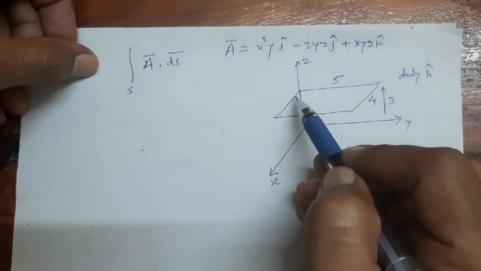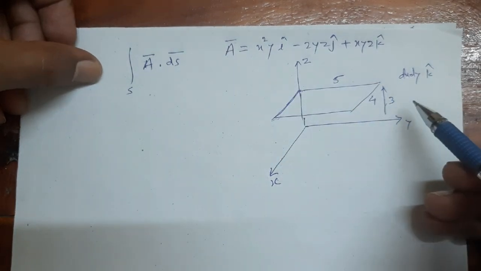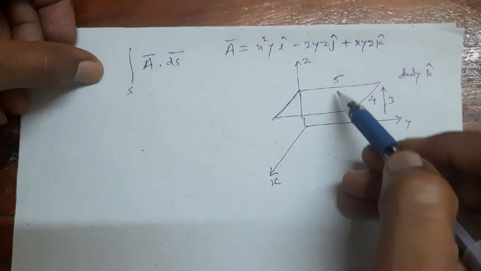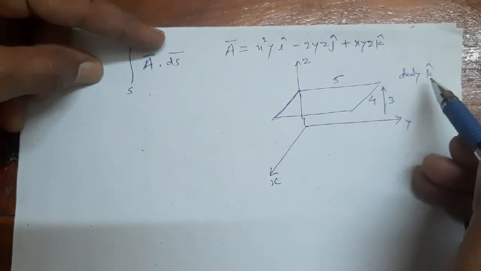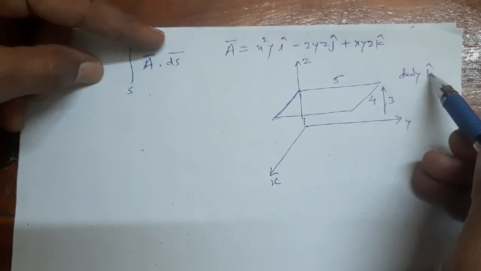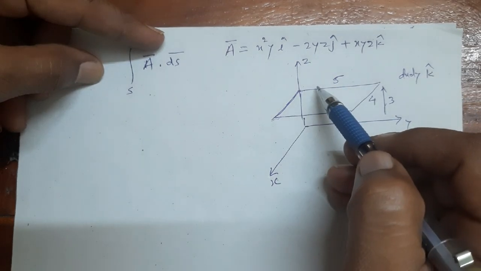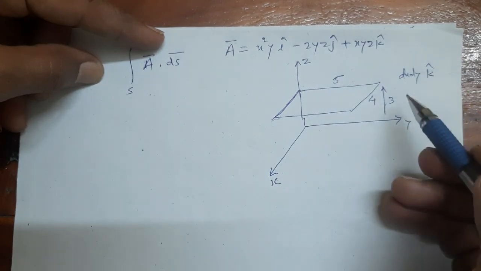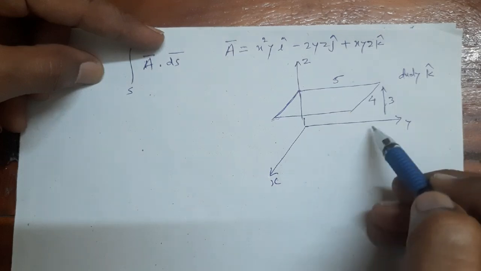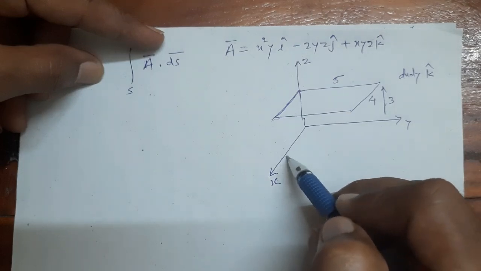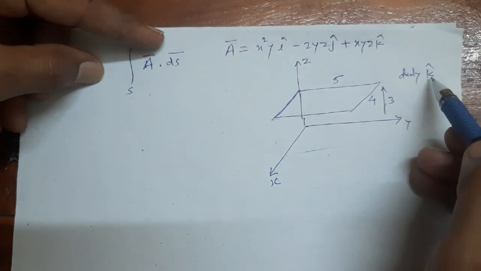It depends on the situation. Now as the surface is the upper surface, in this case I will assume that its unit vector is along z axis, that is plus k cap. But suppose it is the bottom surface, in xy plane, then I may have considered it as minus k cap. Correct?